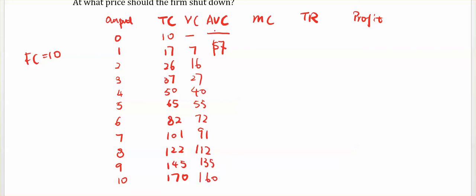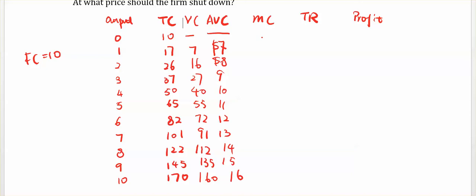And so we can calculate the average variable cost. We use 16 divided by 2, we got $8. 27 divided by 3, we got $9. And 40 divided by 4, 10, 11, 12, 13, 14, 15. And the last one you use 160 divided by 10, and you got 16.